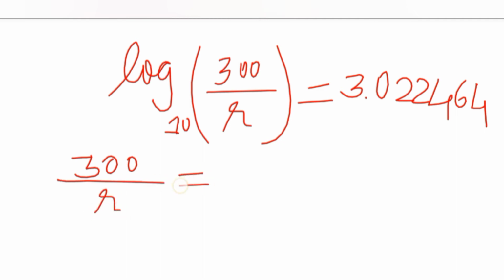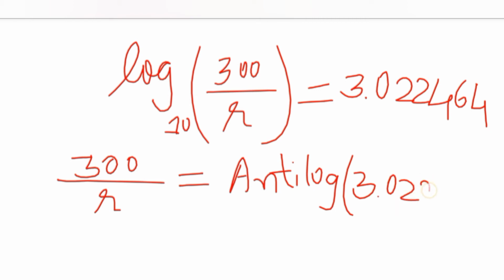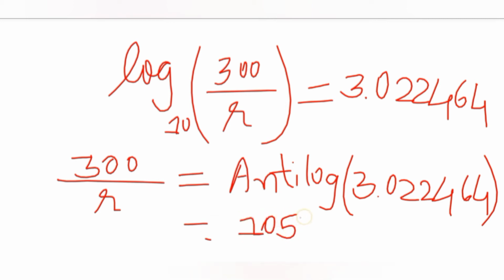So 300 upon R is equal to antilog of 3.022464, and this is coming as 1053.08. So 300 upon R is equal to 1053.08.